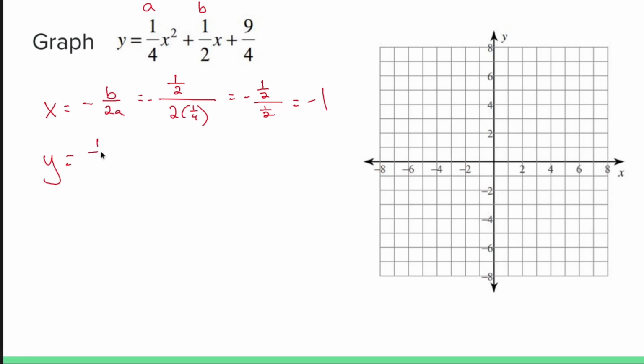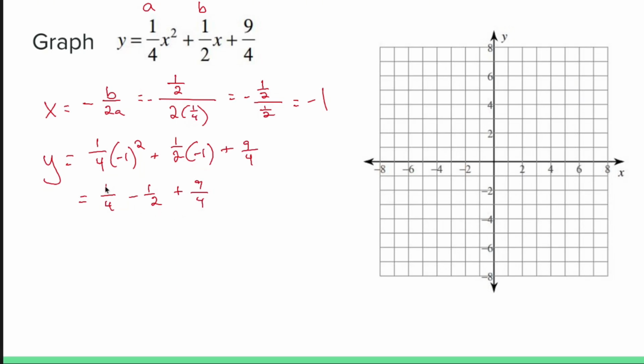So y equals 1/4 times negative 1 squared plus 1/2 times negative 1 plus 9/4. Negative 1 squared is 1, so 1/4. A half times minus 1 is negative a half. And then plus 9 and a quarter, so that's 9 and a quarter still.